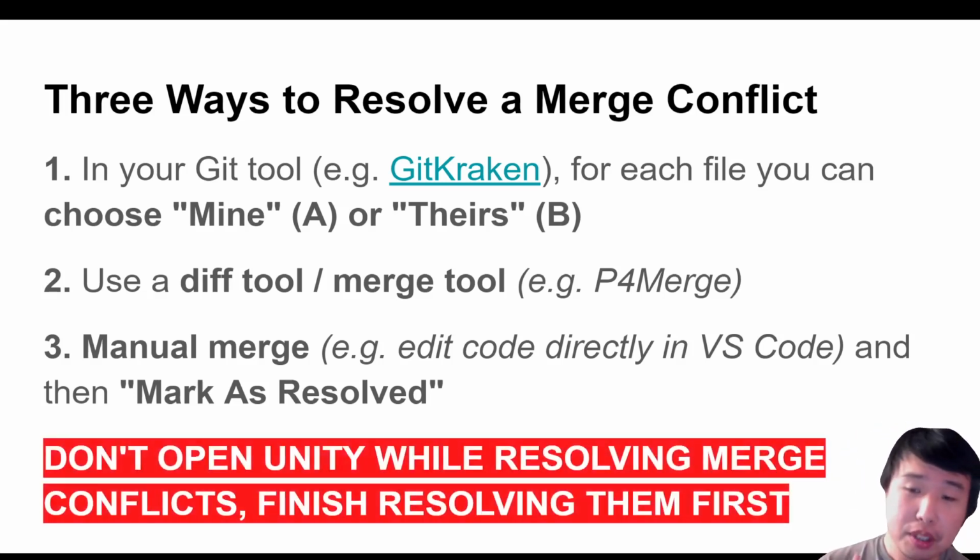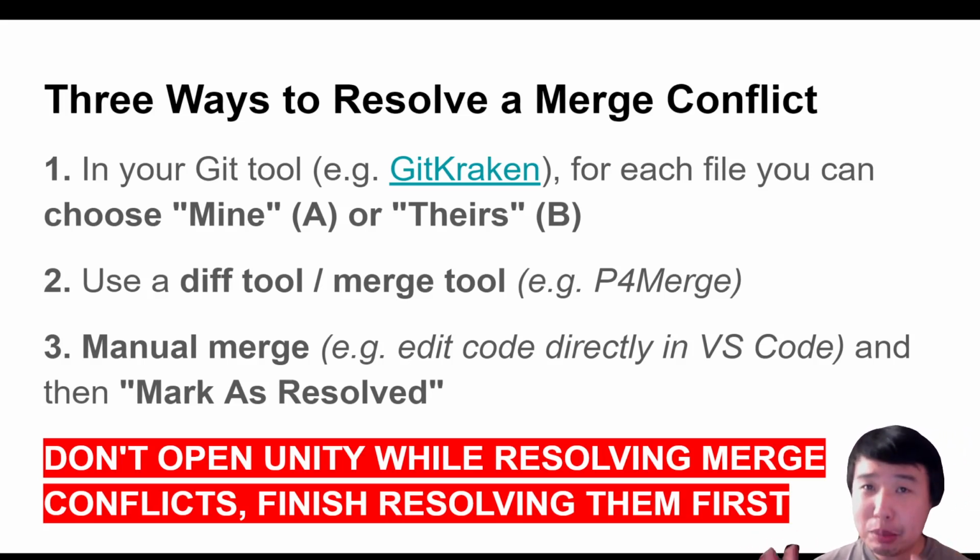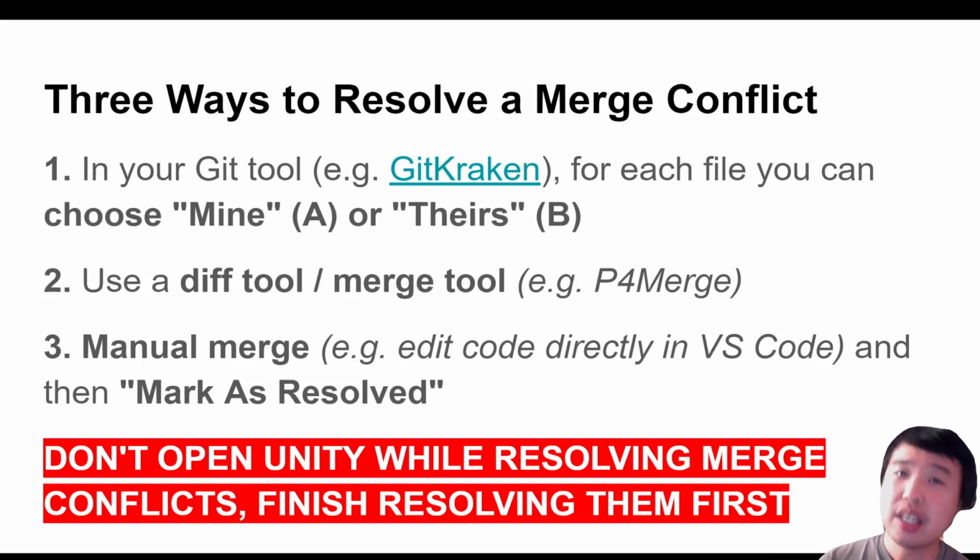But one really important note here, if you are not working on code stuff, do not open up Unity, because if you're in the middle of a merge conflict, Unity will open up the file and attempt to compile it or attempt to use it, but Git has inserted the merge conflict markers in the file.